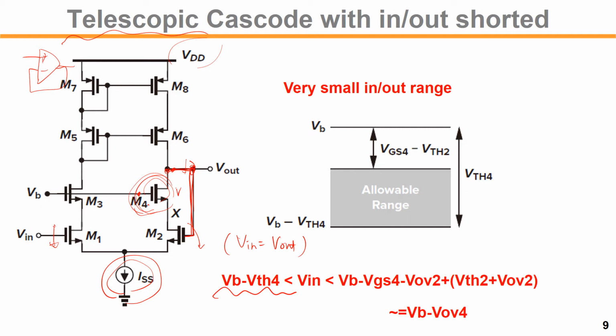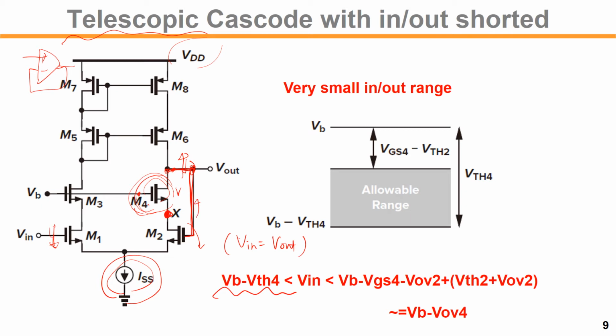The other case, the maximum value: if you go up and up, what would be limited? If the output goes up, then this X node will push it.